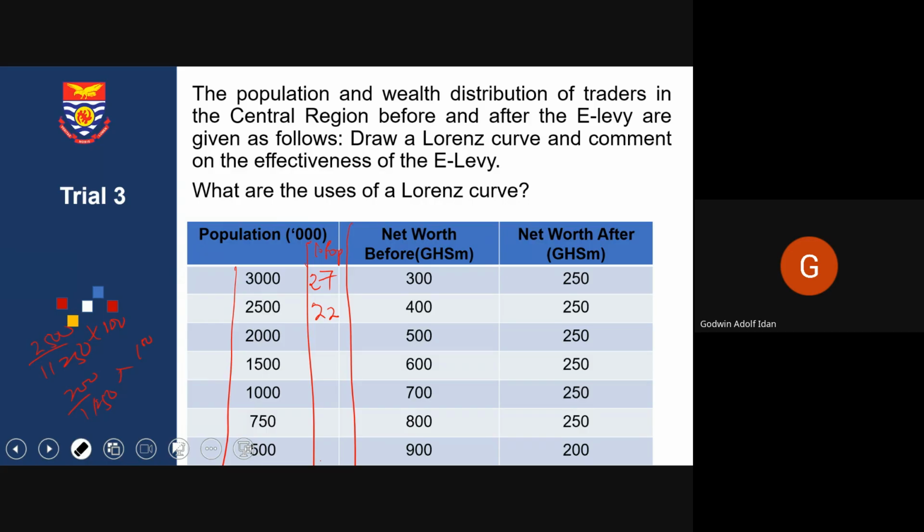I want others to give me figures. So when we are directed by one person, it's not good. 13. Next one is 9.